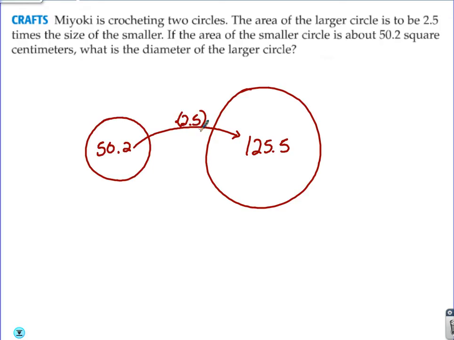But we're not given the diameter of each one. It says, if that's the ratio of the areas, what's the diameter of the larger circle? Area is pi r squared. If the area is 125.5, this goes back to old stuff: 125.5 equals pi r squared. Let's solve that equation for the radius. What's the first thing you move? Pi.